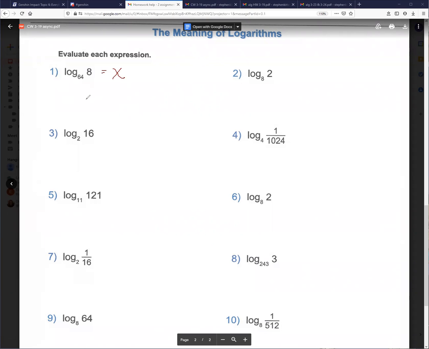So we're going to rewrite this as 8 equals 64 to the x. We don't know what this is, so we'll say it's 2 equals 8 to the x. And so for every single one of these, I'm just going to say, I don't know the answer, so I'm going to set it equal to x. That is the way that we're going to approach these. We're going to start off by declaring the answer to be some unknown variable.